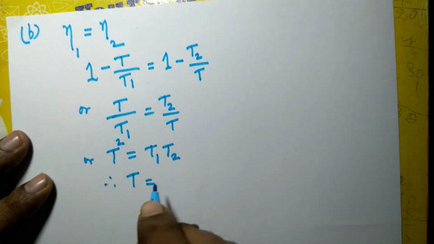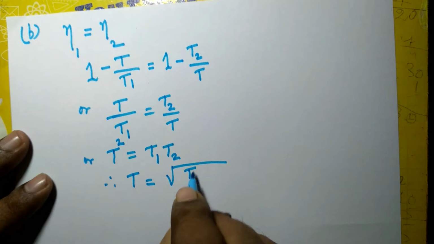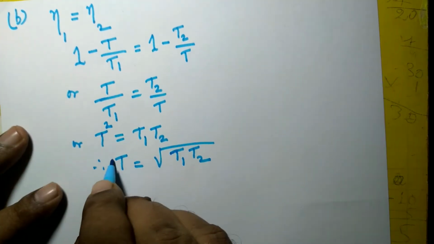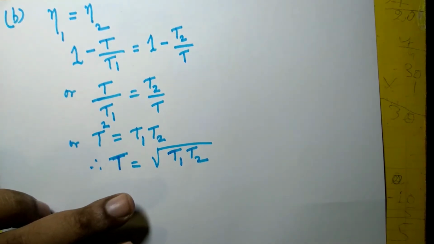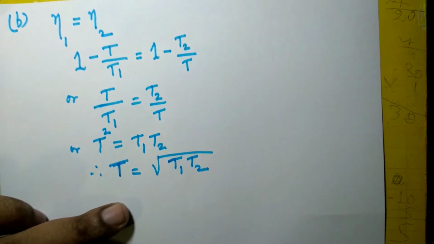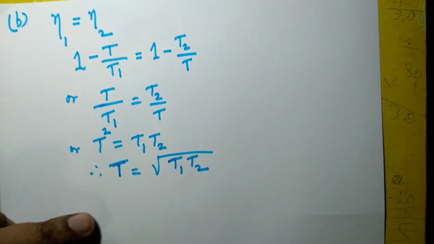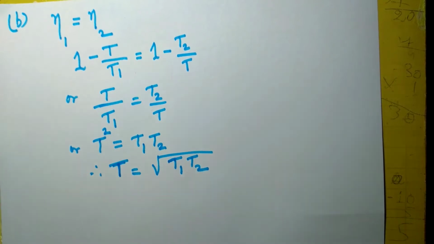So T is equal to the square root of T1 T2. That means this intermediate temperature is the geometric mean of the two temperatures T1 and T2. So that's what we had to prove. When the efficiencies of two reversible heat engines operating in series are the same, then the intermediate temperature is the geometric mean of the two extreme temperatures.